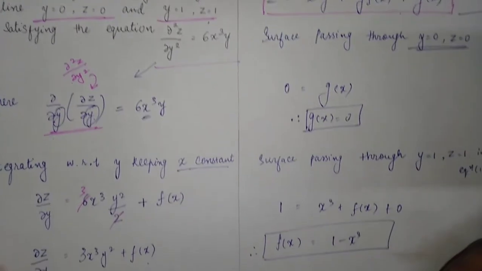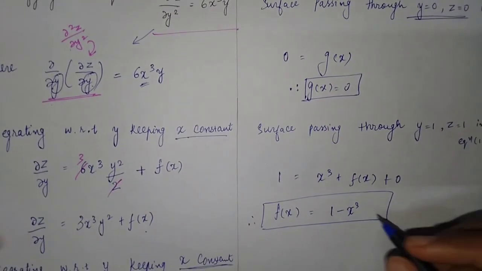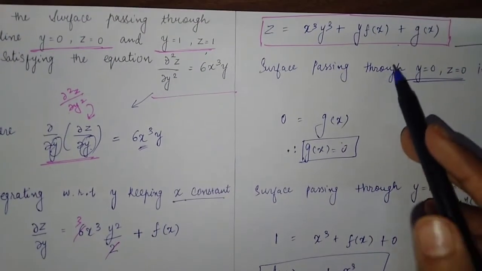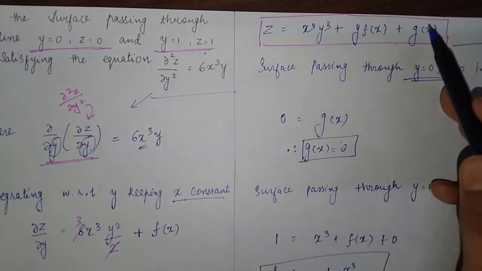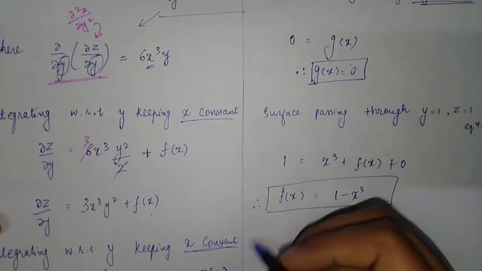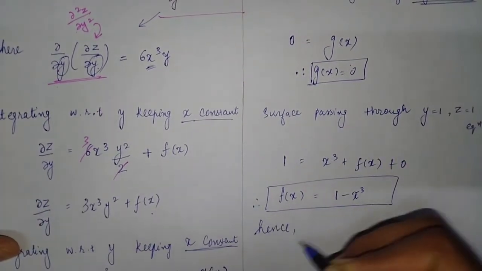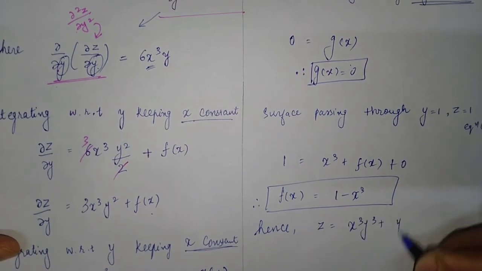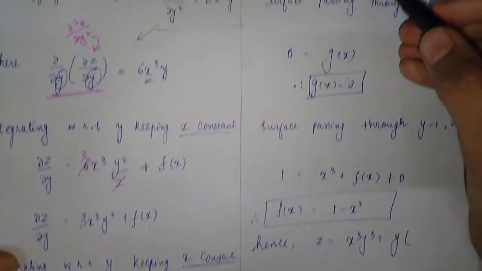So we got the values of g of x and f of x, and now we will put both these values in equation 1. Wherever f of x and g of x are there in equation 1, we put both these values, then we will get the final answer. Hence z equal to x cube y cube plus y into f of x.